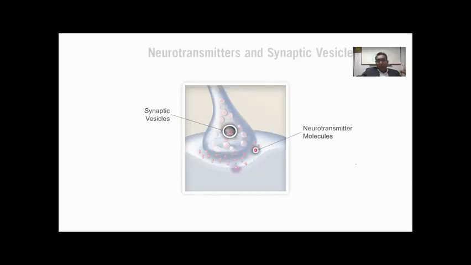A presynaptic neuron in its terminal buttons has several synaptic vesicles. And these synaptic vesicles are like sacs that contain the neurotransmitters. These are molecules of neurotransmitters.